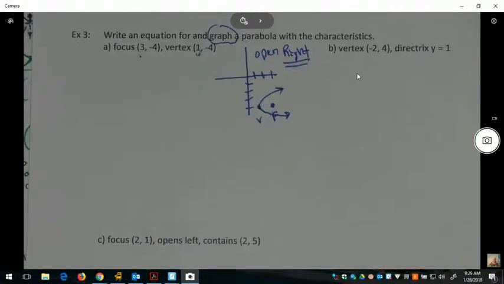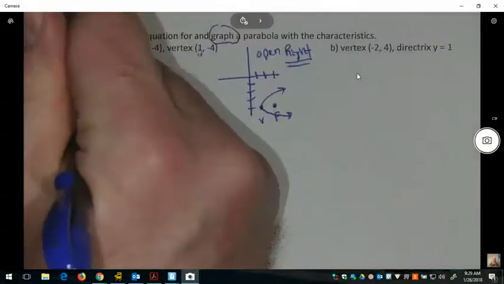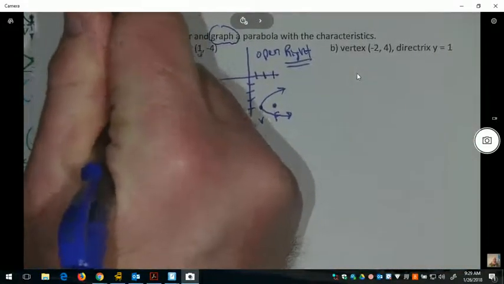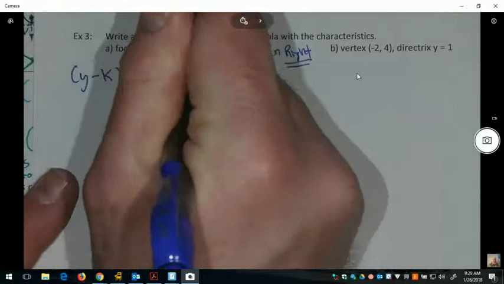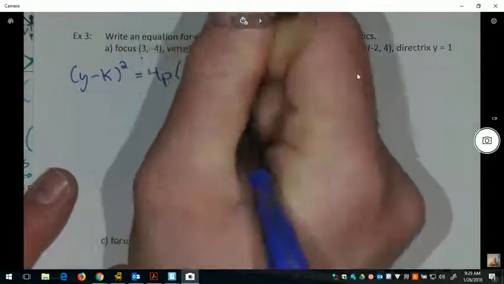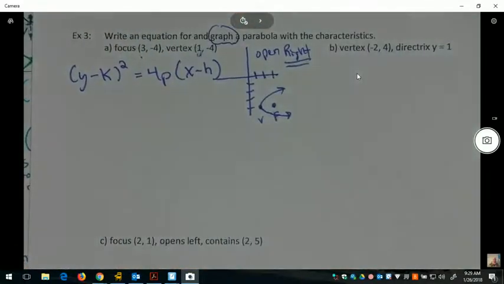Because it's opening to the right, which variable will be squared in our equation? The y. So this will be a y minus k quantity squared equals 4p times x minus h. That's the equation when it's opening horizontally.